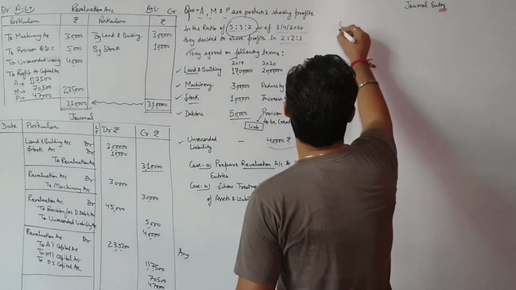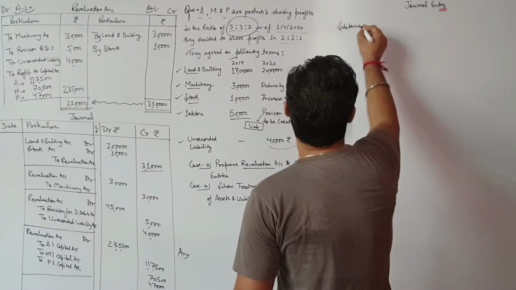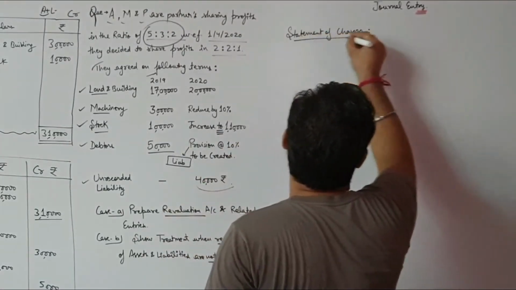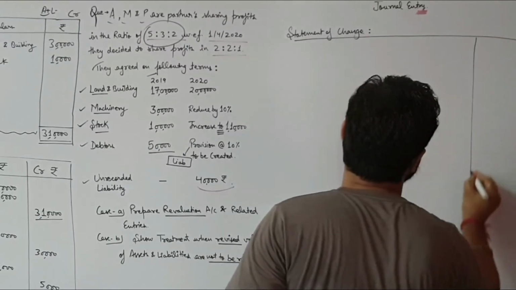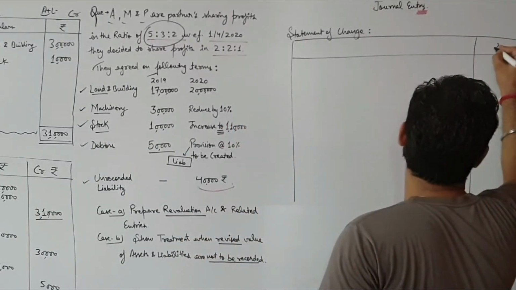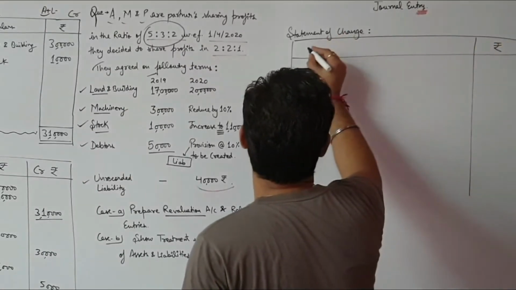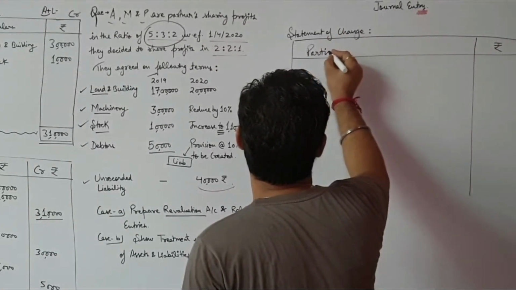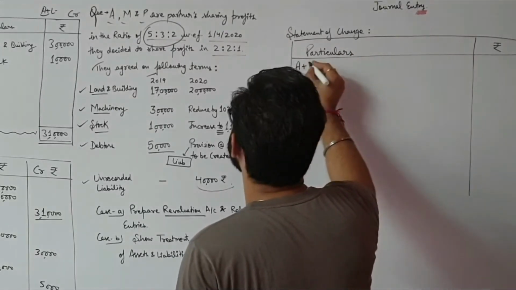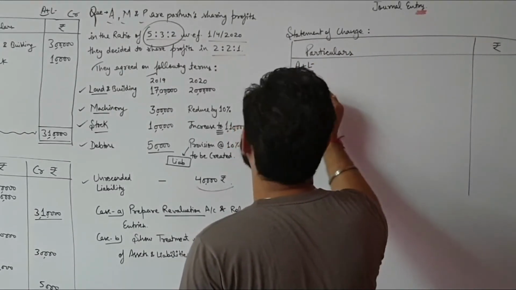Now in this case a statement of change will be prepared. Now what is a statement of change? It is nothing but the revaluation account in a vertical format. Asset increase and liability decrease will be shown first.